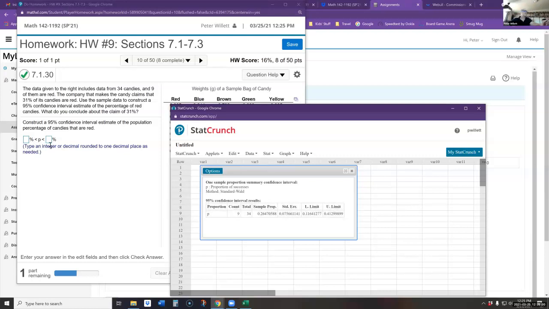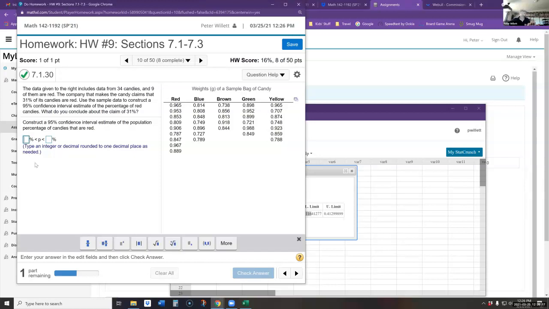So it says type an integer or decimal rounded to 1 decimal place. They've given us the proportion as a decimal, but they have a percent sign here. So they want the range of percent values rounded to 1 decimal. So that means I need to move the decimal place over 2 and then take 1 decimal place after that. So 0.116 becomes 11.6%.